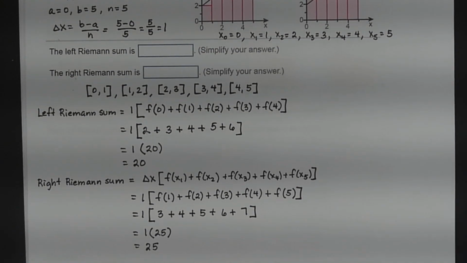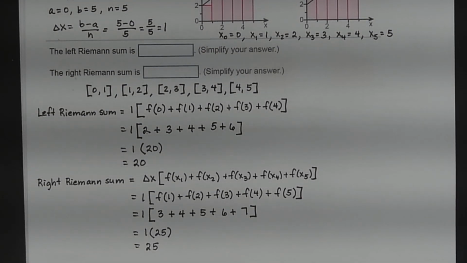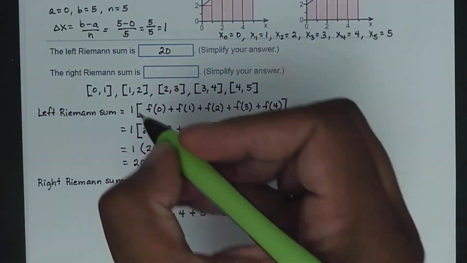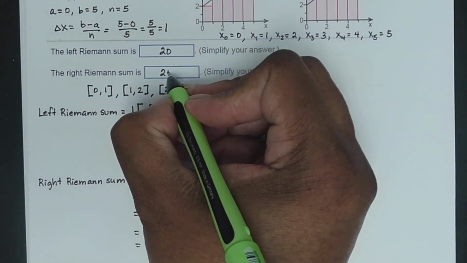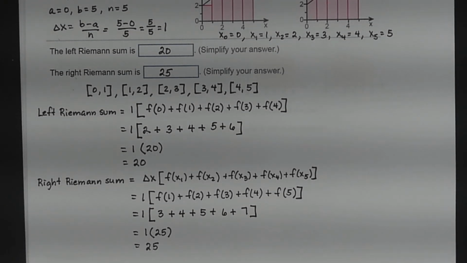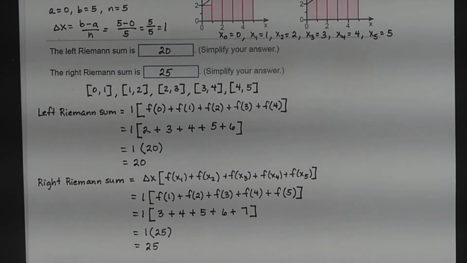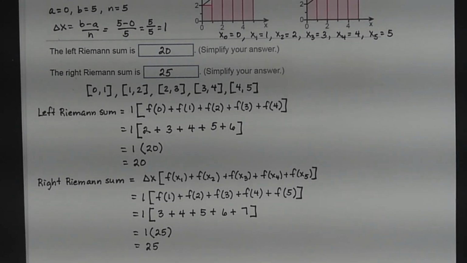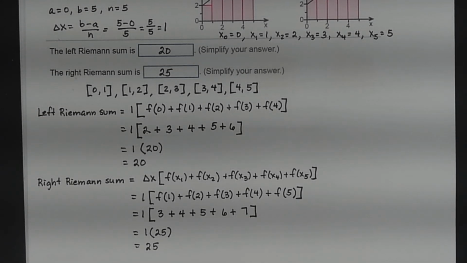And 1 times 25 is 25. So my left Riemann sum, we found that out to be 20. And my right Riemann sum is 25. Okay? So that's how we find the left and the right Riemann sums for this function.